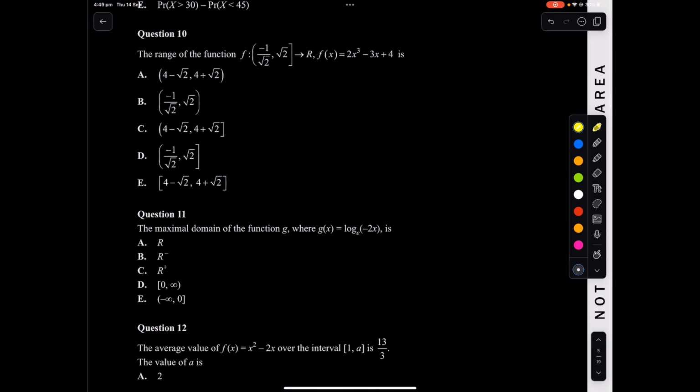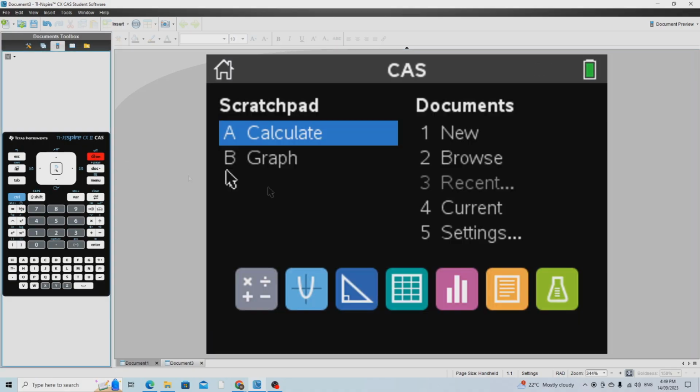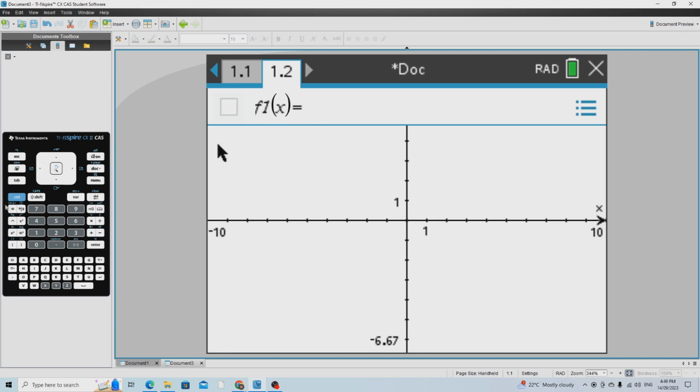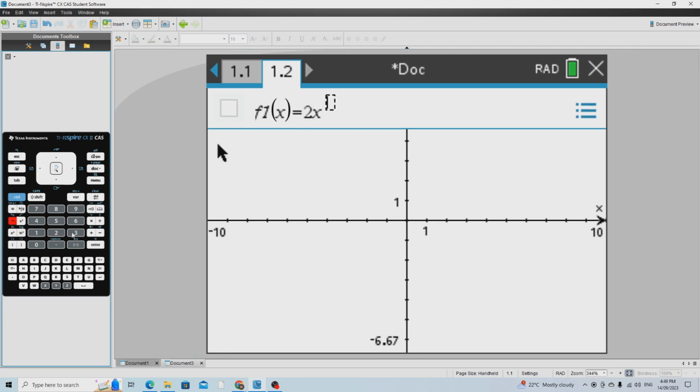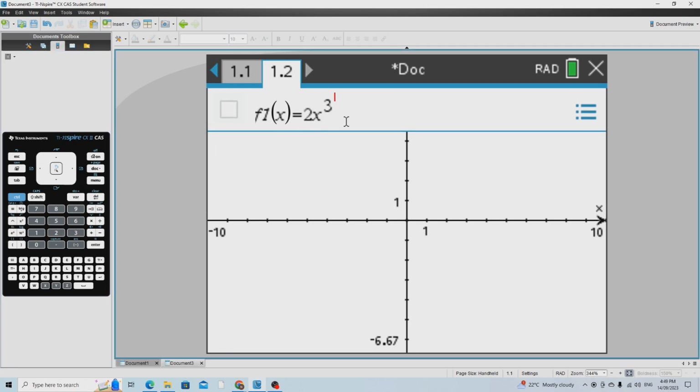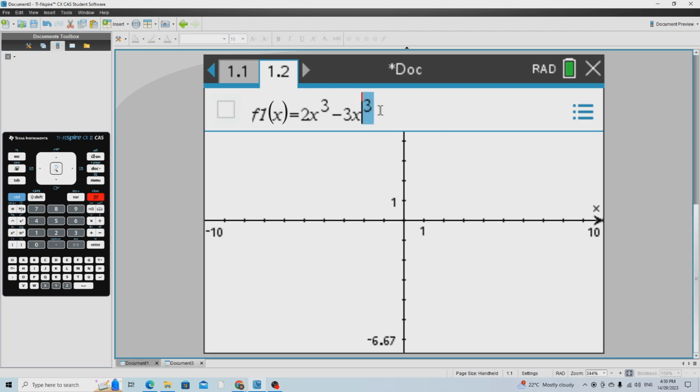The range of the function f of x, from negative 1 to root 2, is this. What? Okay, I'm just going to use my calculator and sketch it. So, go on graph and say, we want 2x to the power of 3 minus 3x to the power of 2 plus 4.